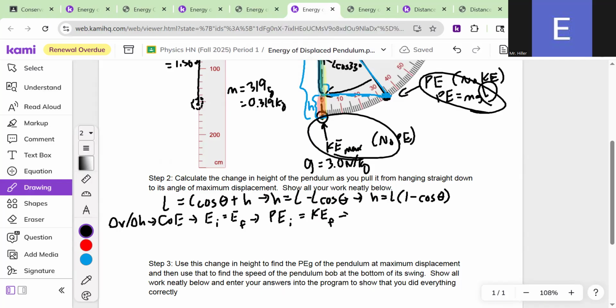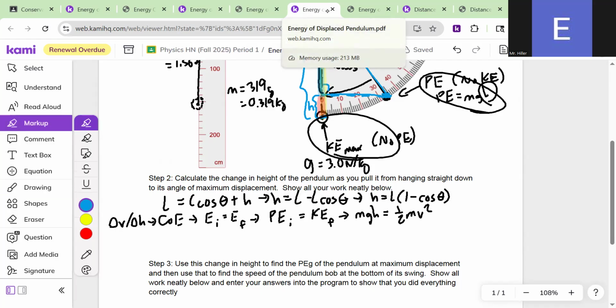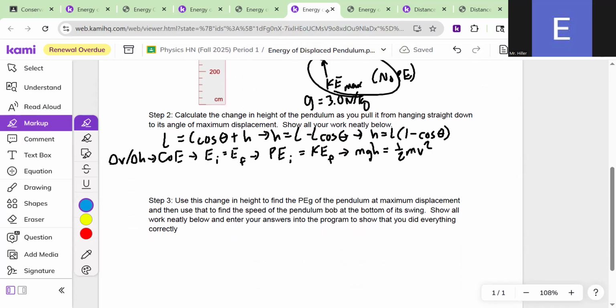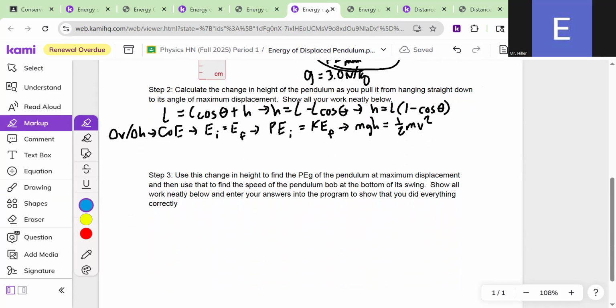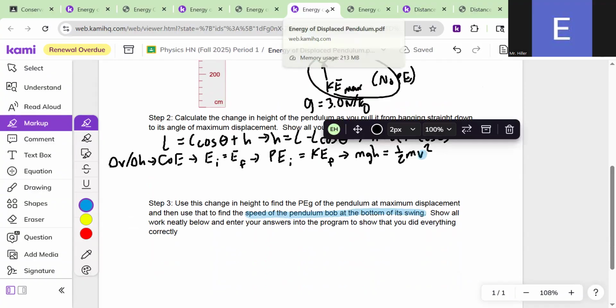Now replace these with their respective equations, and we get mgh initial equals 1/2 mv squared final. We are trying to solve this for the speed at the bottom of the swing. So that's what we're solving for, v.